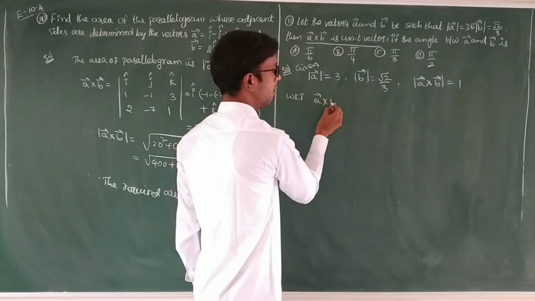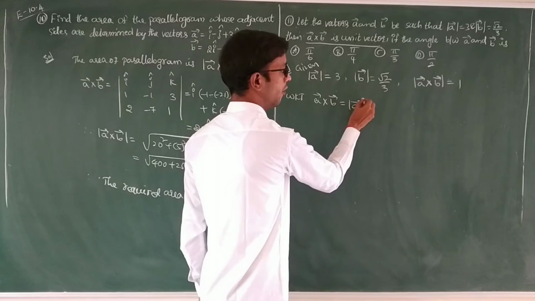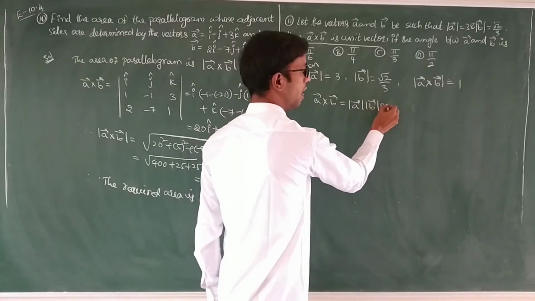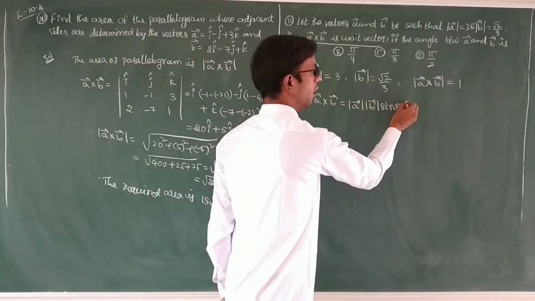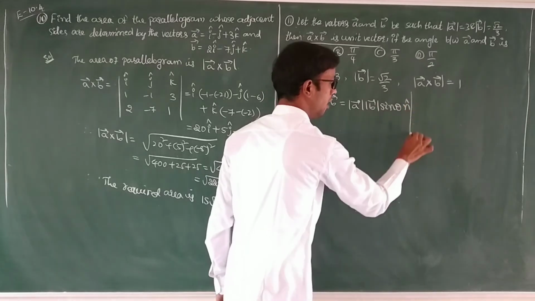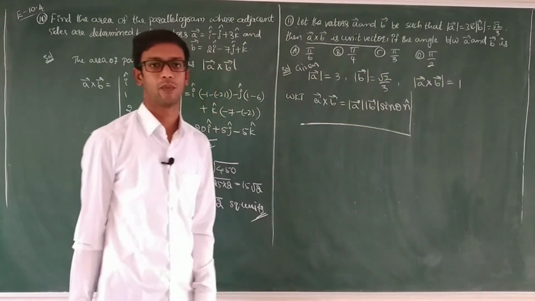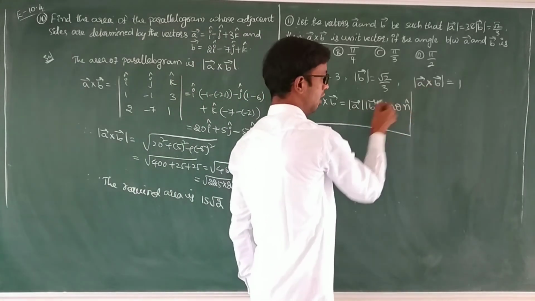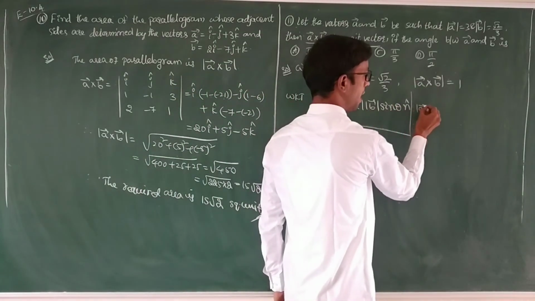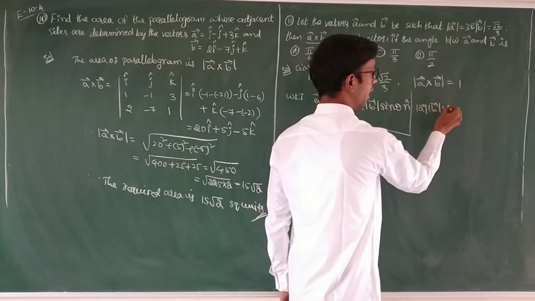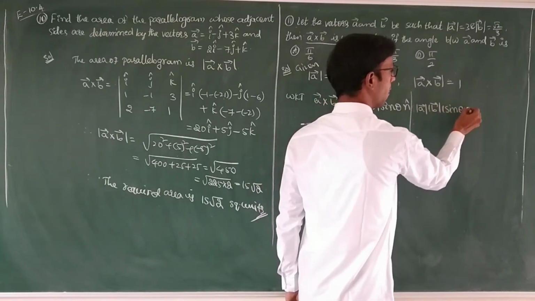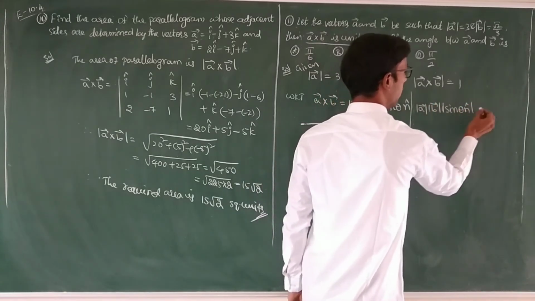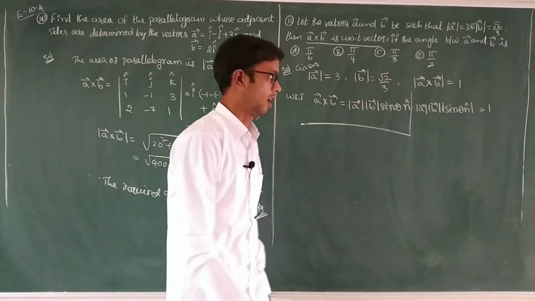So we know the A bar cross B bar formula: magnitude of A bar into magnitude of B bar into sin theta into n cap. N cap is the unit vector. So now apply the magnitudes, substitute here magnitude of A bar, magnitude of B bar, sin theta into n cap, that is equal to 1.